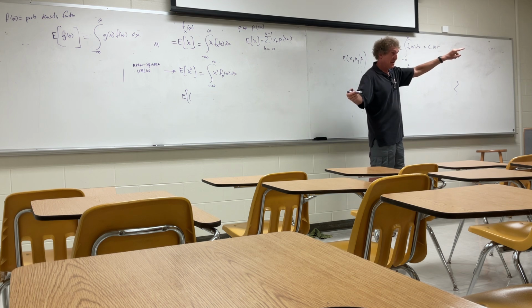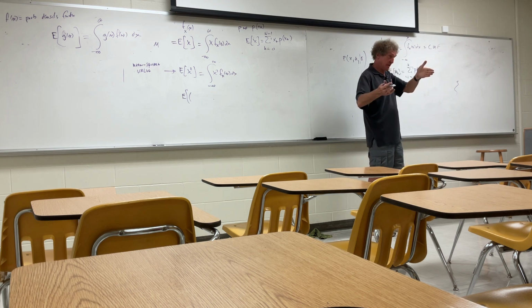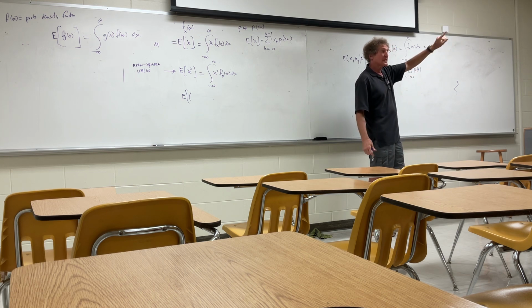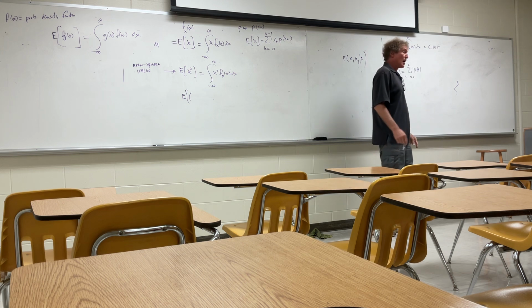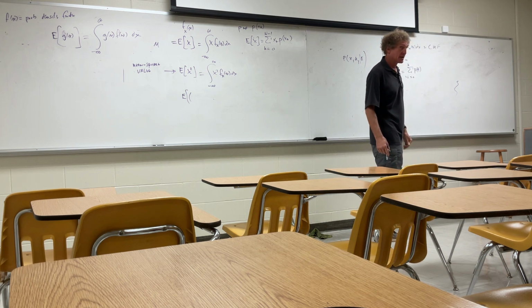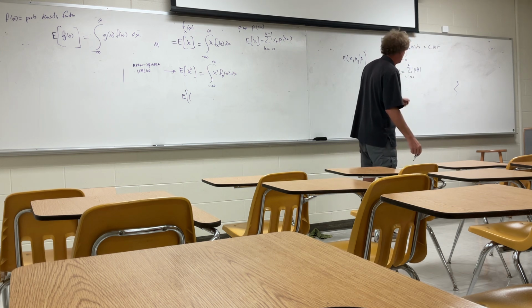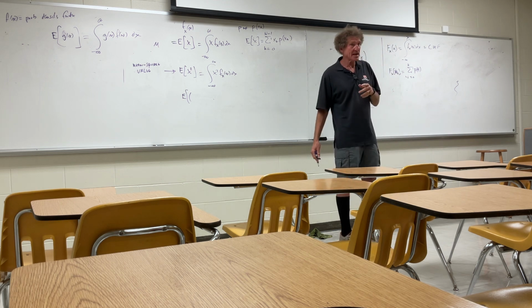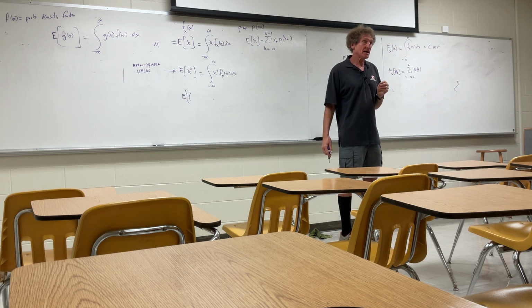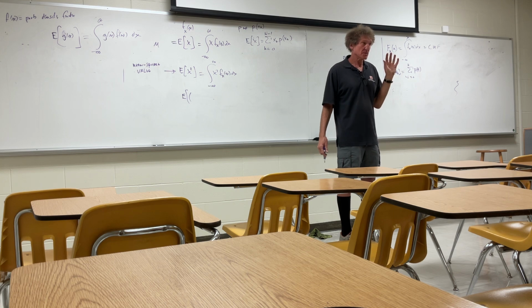You all follow? Because the 0 to 3 range is encompassed in 0 to 4. It has to be monotonically increasing. And that also means that the density function, because it can't be negative, has to be positive. You with me?